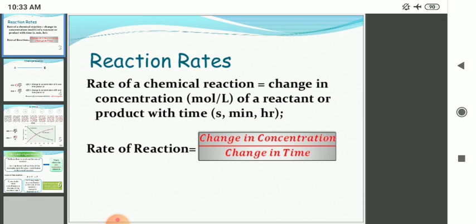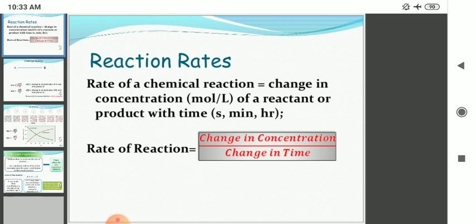So the next part is reaction rates. Rate of chemical reaction is nothing but the change in concentration of a reactant or product with time. I have already explained that. The progress of that reaction, meaning how much the concentration of the reactant changes, decides the rate of chemical reaction.